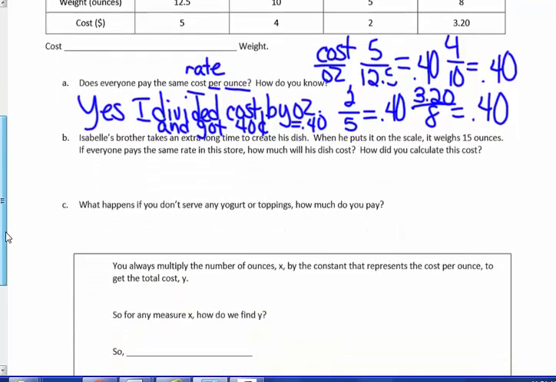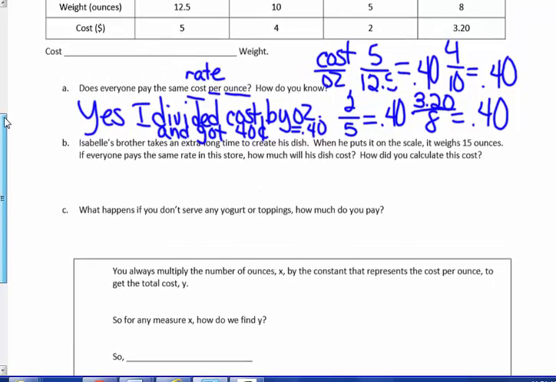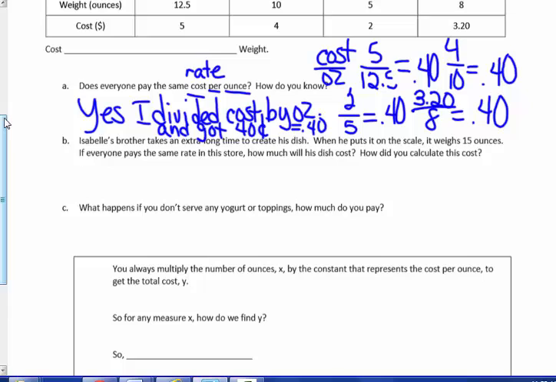Isabel's brother takes an extra long time to create his dish. When he puts it on the scale, it weighs 15 ounces. If everyone pays the same rate, which we figured out is 40 cents per ounce, how much will his dish cost?